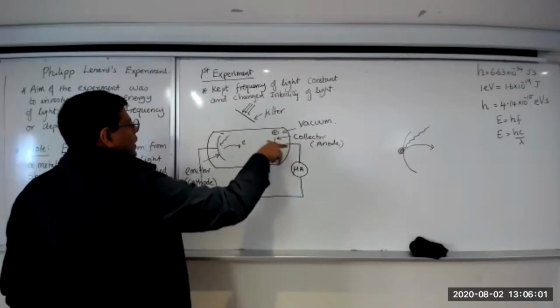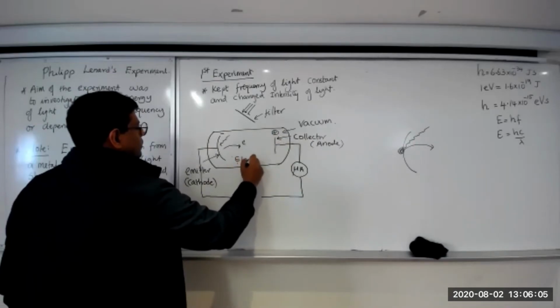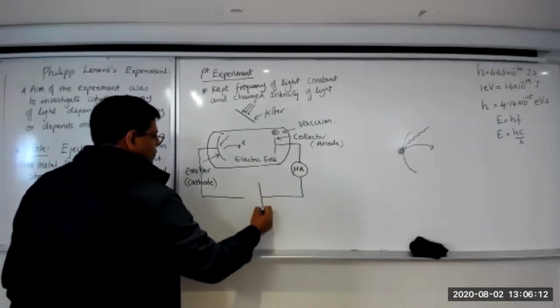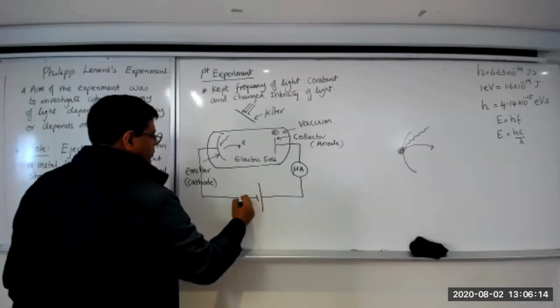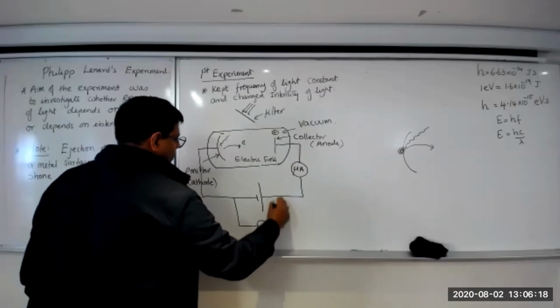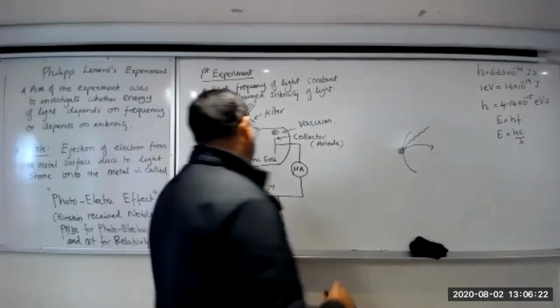Electrons can accelerate. That's the electric field here. I can change that voltage. It's a variable voltage power supply.